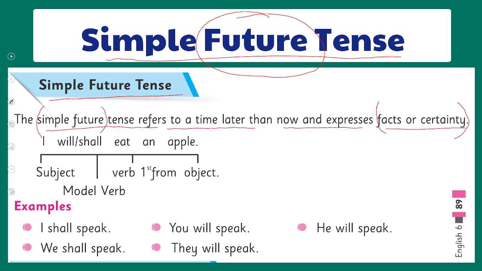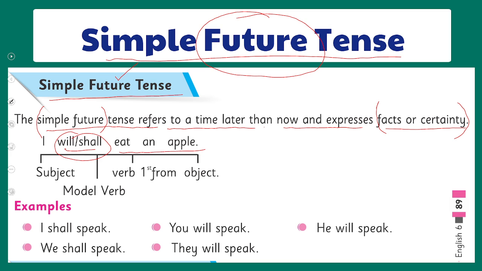So we use future tense, and what is the structure? Like, I will eat an apple. Because there is a will, it indicates that the action has not yet happened; the action will happen in the future. This is how we express such actions with the help of future tense.